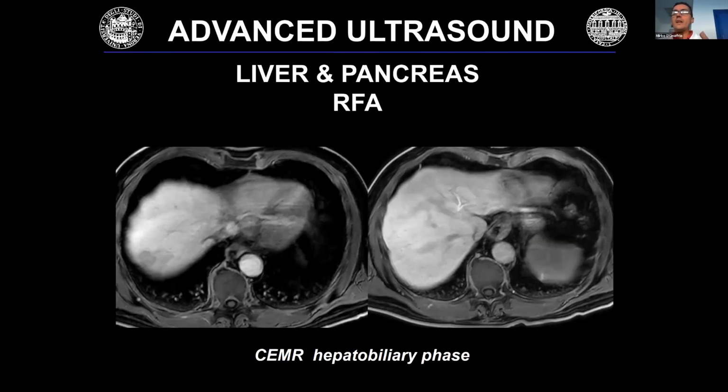So for sure we know about some very accurate techniques and imaging methods, such as MRI for the liver, MRI with a liver-specific contrast agent. So can we also have fusion with these techniques? The answer is yes.